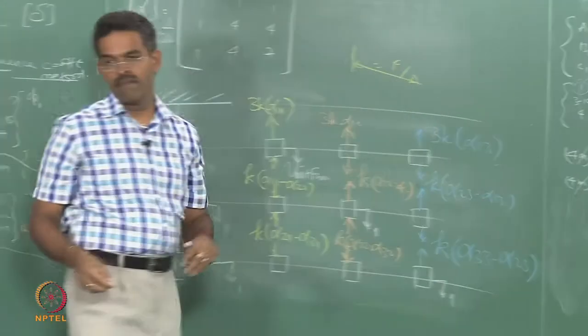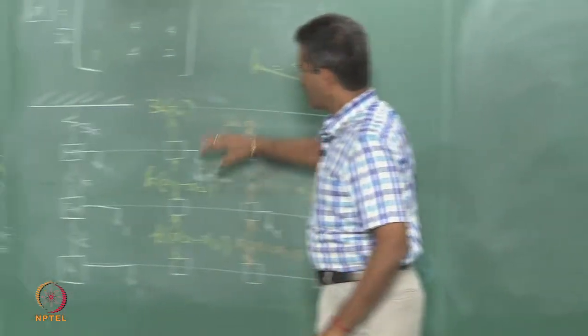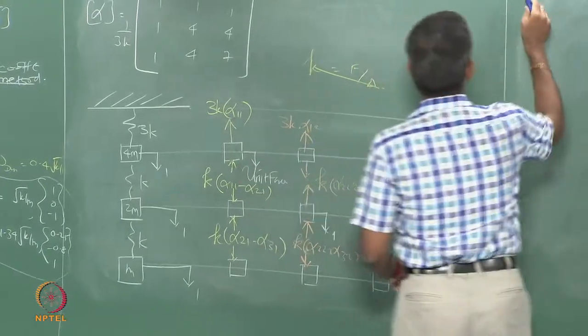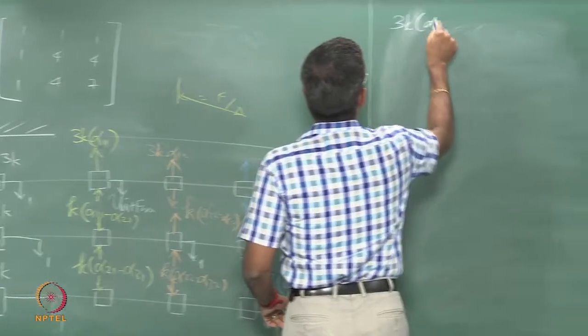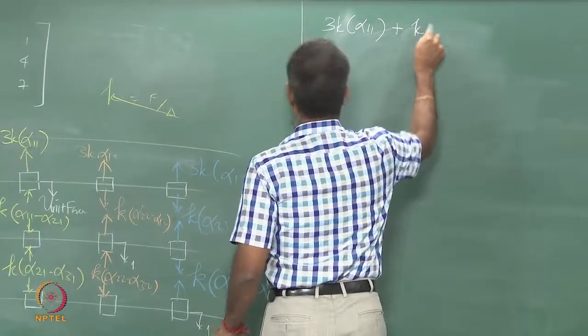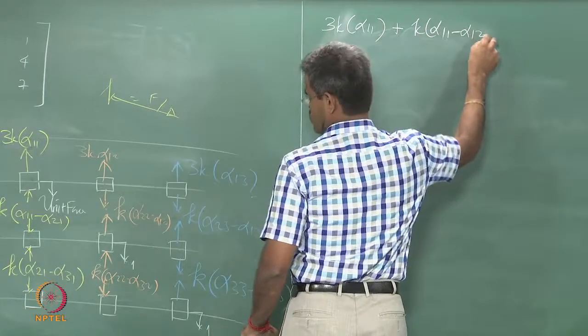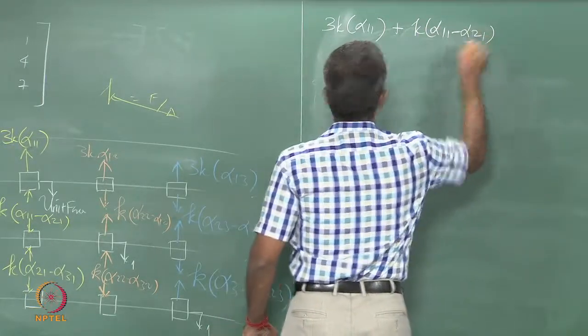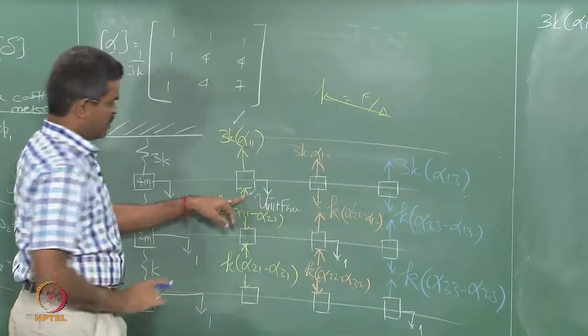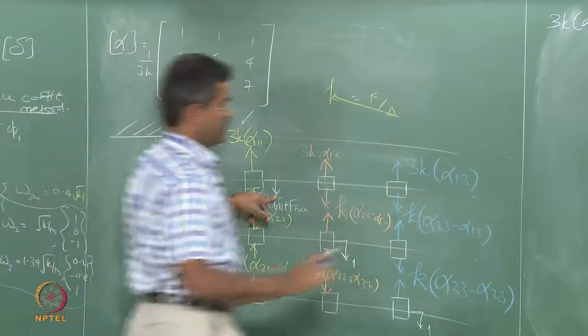So, let us write the force equations, equilibrium equations, one by one separately. Let us pick up this 3k of alpha 1 1 plus k of alpha 1 1 minus 1 2, sorry, 2 1, this value, this value and this, is equal to 1.